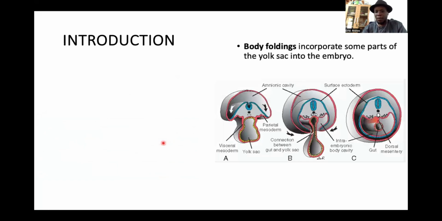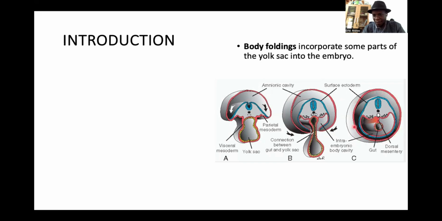The body foldings continue, and you realize that at a point, the yolk sac is actually caught up within the abdominal cavity, okay? So the cephalocaudal folding is also ongoing, and therefore, eventually, these arrows that are heading towards each other will meet, and therefore form a complete membrane, all right?